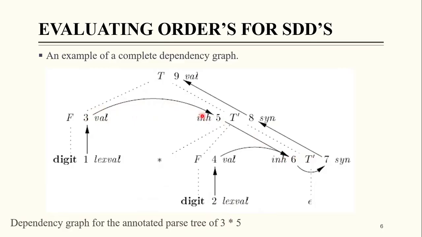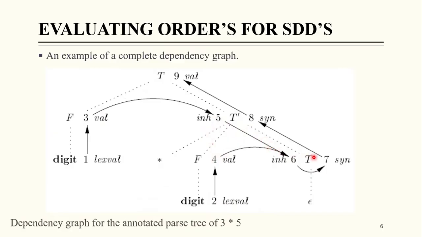And next, we see the edges to 6 from node 5, T' dot inh, and from node 4, F dot val, because these values are multiplied to evaluate the inherited attribute at node 6.